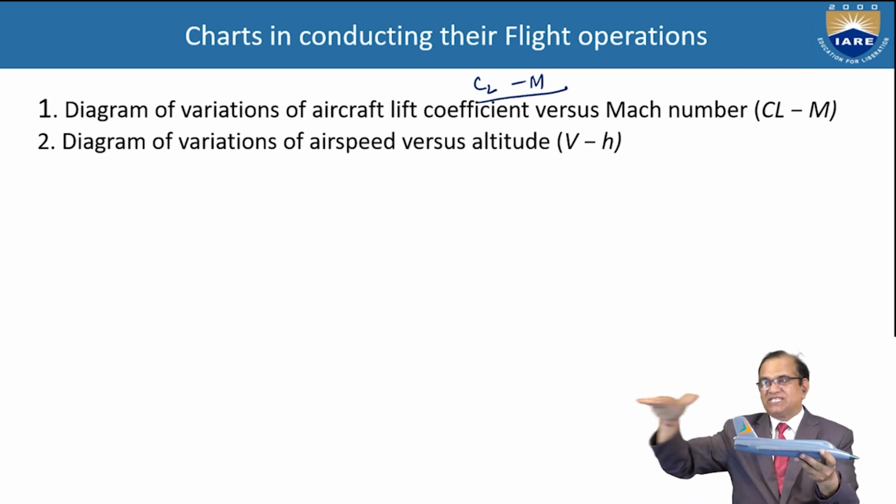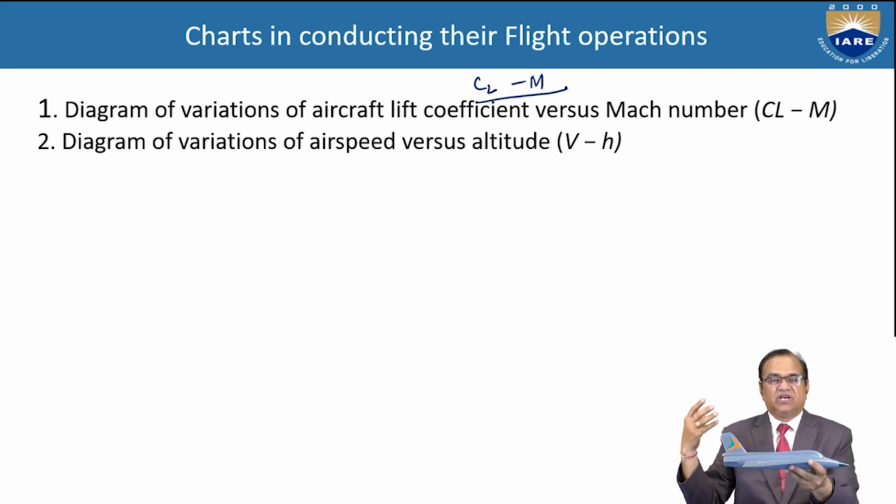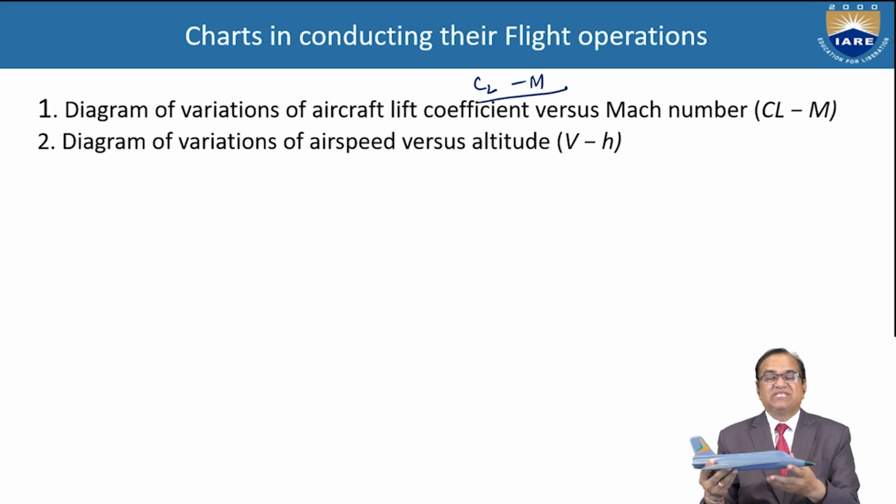So CL versus V. That is the first diagram which all designers should understand. Second one is the diagram of airspeed V versus altitude. It means at what altitude, how much velocity your aircraft can fly.